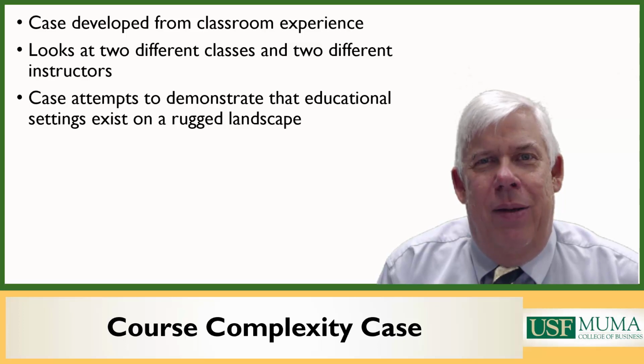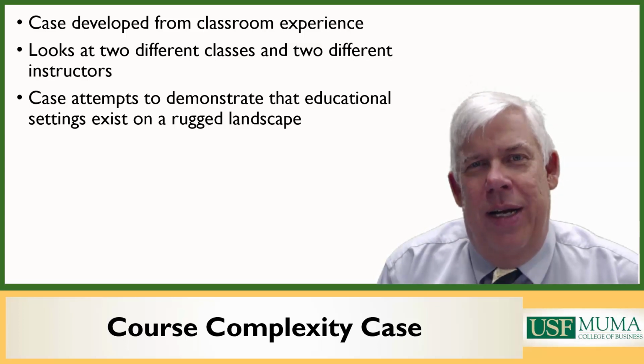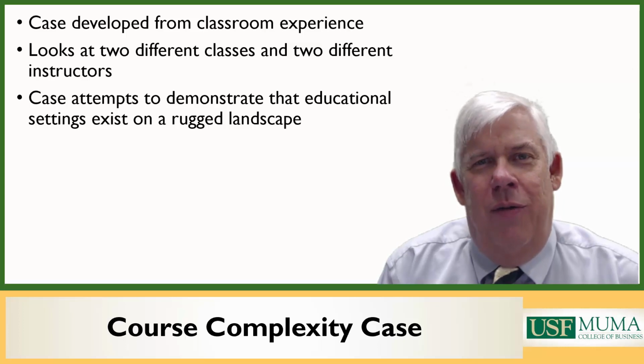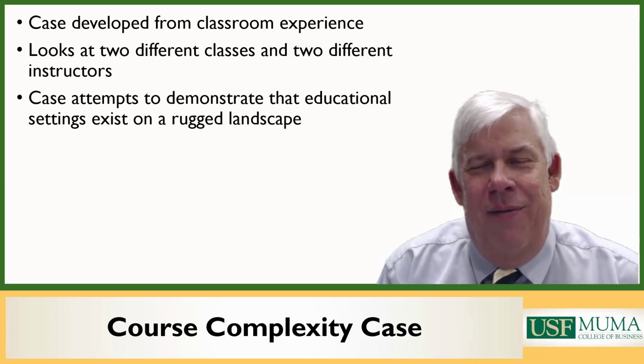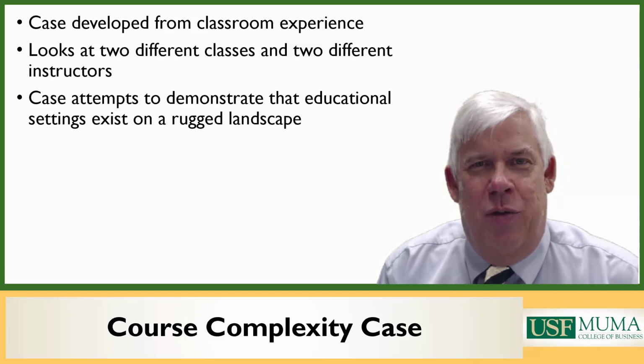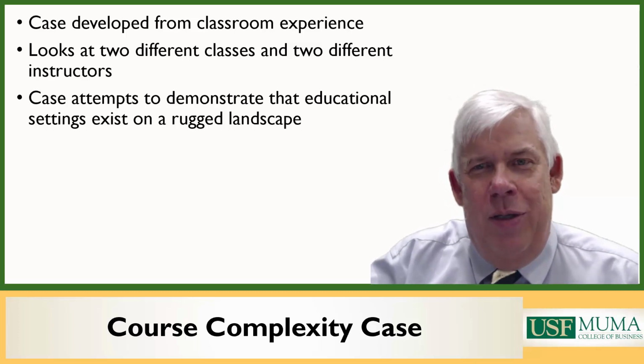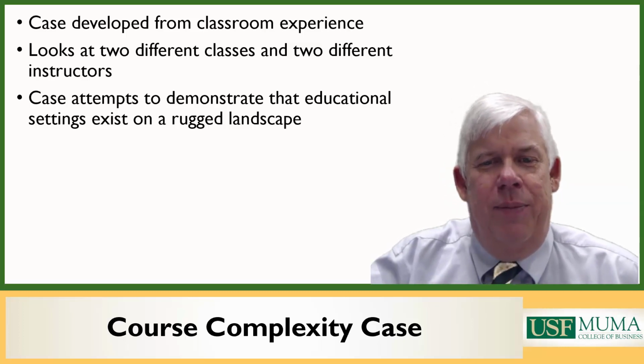And what I was trying to do is use the way these courses were designed as a tool for demonstrating the fact that you really could not view the educational setting as consisting of a set of decomposable attributes. It's really the combination that determines whether a class is successful or not.